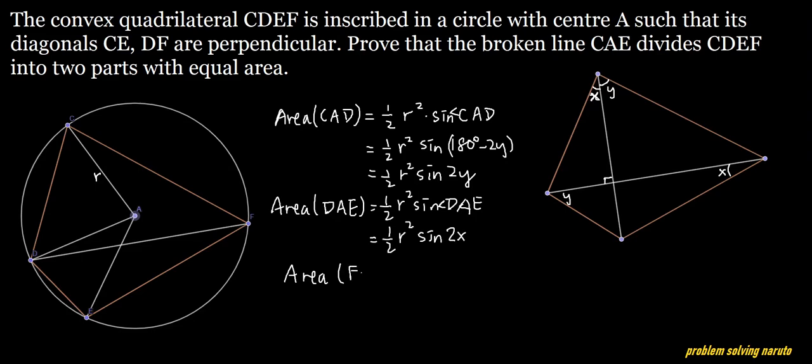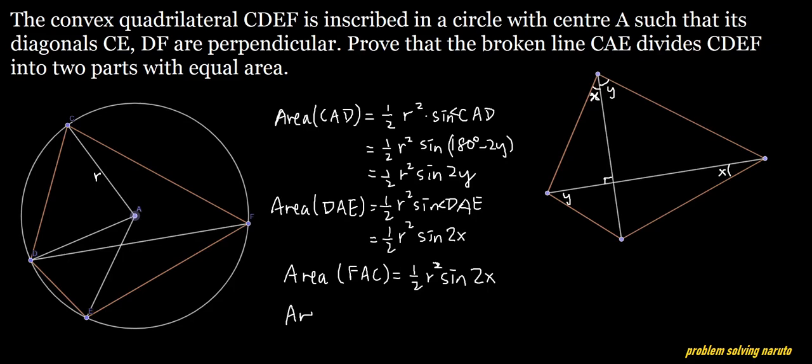FAC turns out to have area r squared sine of this angle, but this angle is twice this one, twice 90 minus x, so 180 minus 2x, so that means sine 2x.